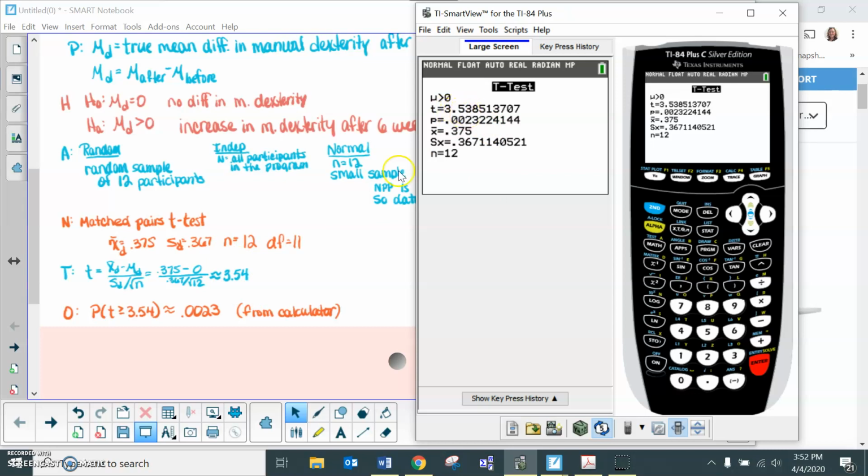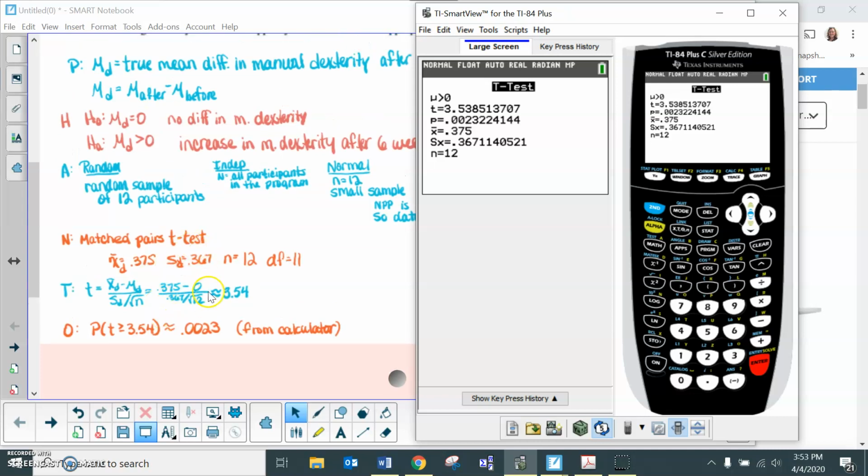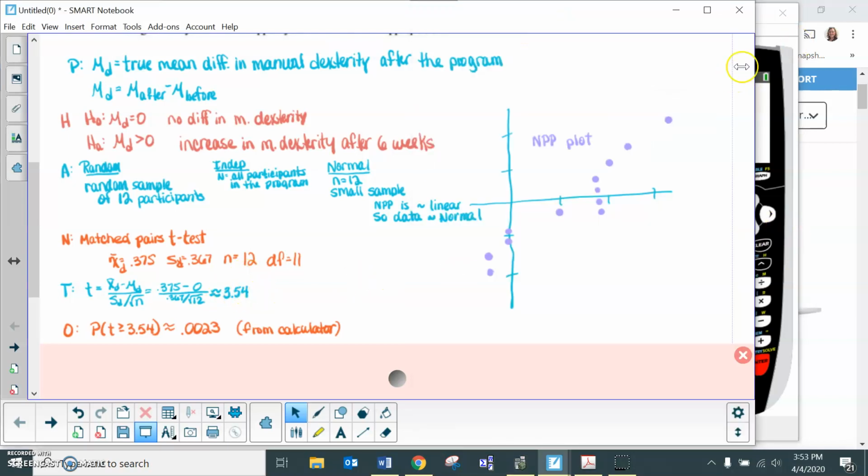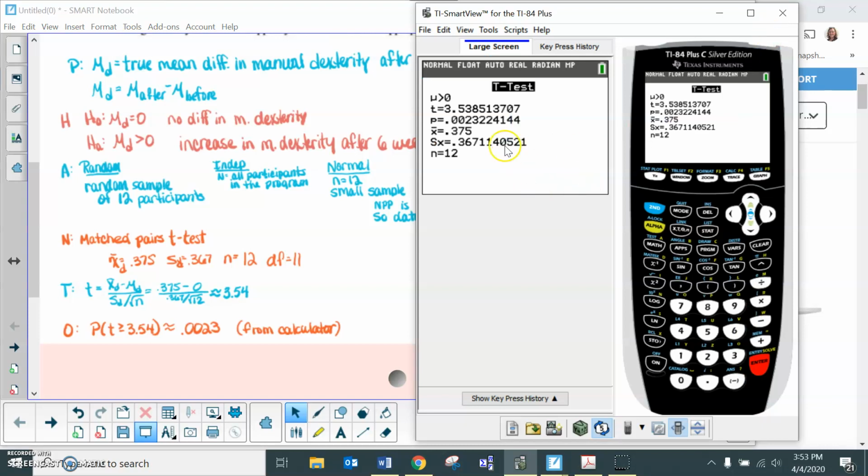You want to use this as a double check. You want to make sure that whatever you've written in your formula when you plug numbers in actually equals 3.54. Otherwise, a grader will take off points for that. Here's my p-value. Remember, on a z-chart or on a t-chart, you don't get an exact p-value.